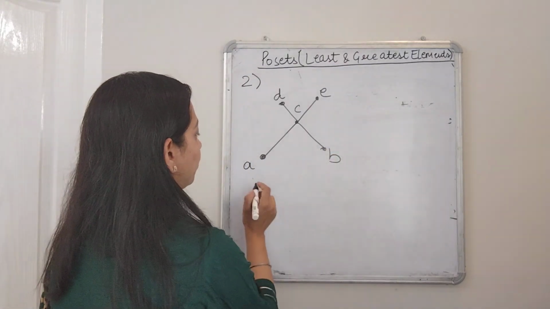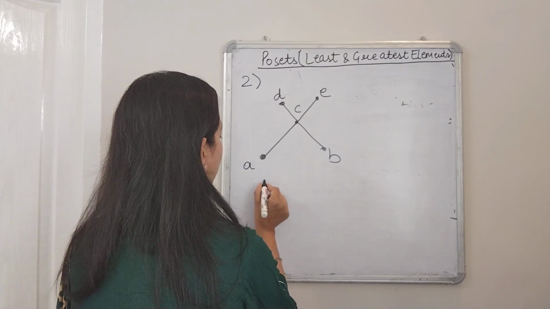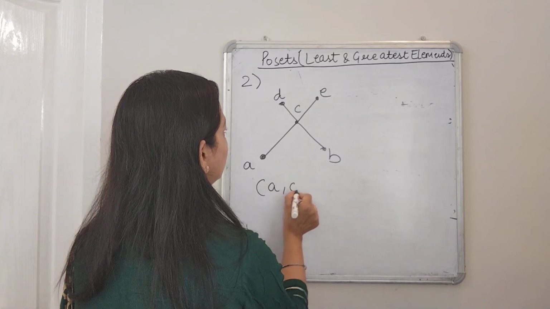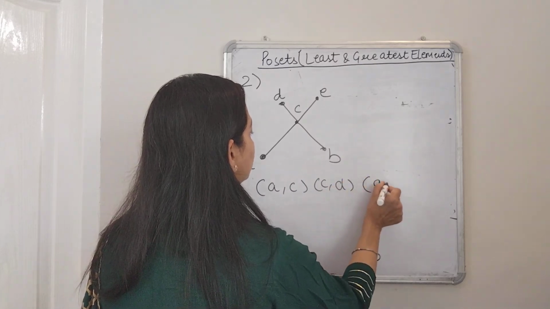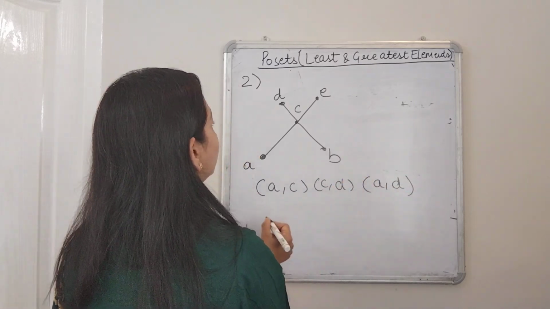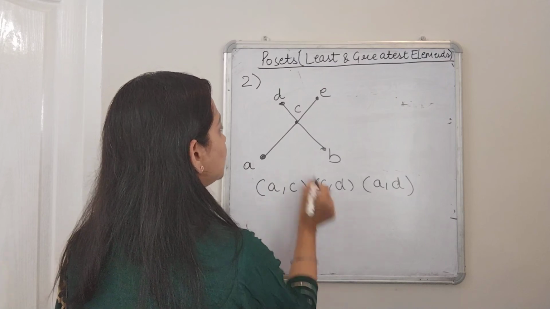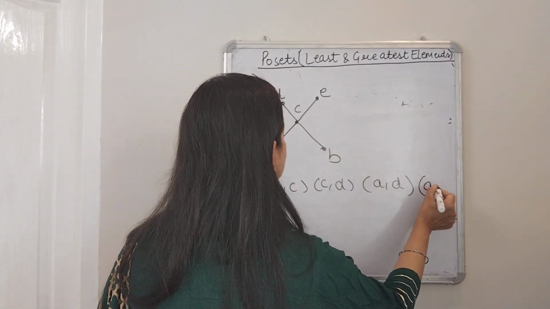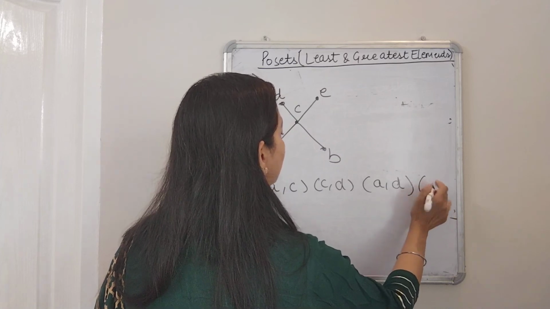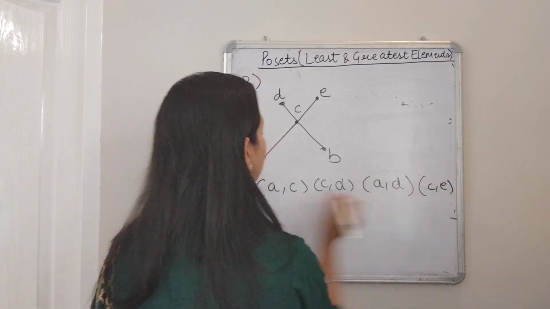We will start again from the lower side. A is connected to C and C is connected to D, so A is also connected to D. Then A is connected to C and C is connected to E, therefore A is also connected to E.